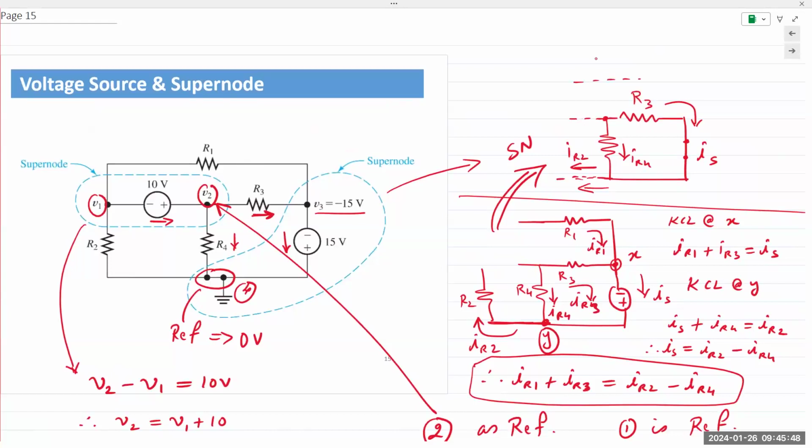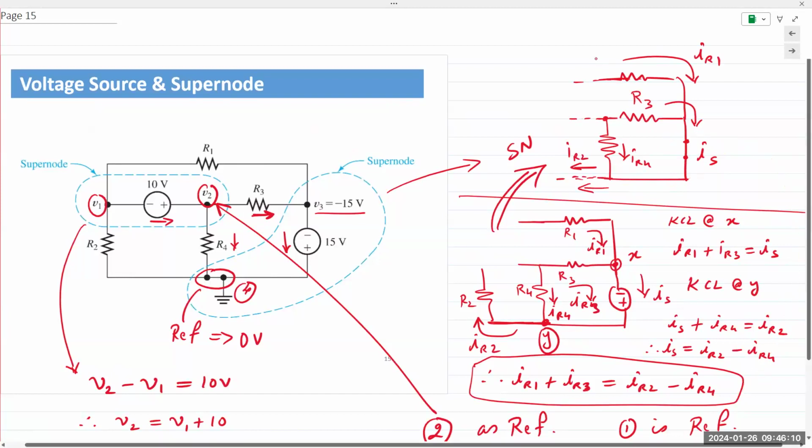And of course, we also have IR1 coming from the top. So if you apply a KCL equation around this node right here at the bottom, you would obtain this equation. Does everybody see that?